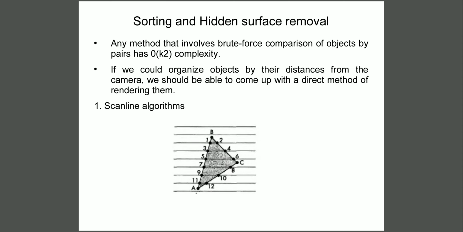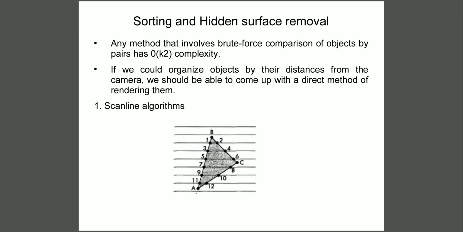In this example, as per the rule, we need to update all the pixels between intersection number 1 and intersection number 2. But we are not supposed to update the pixels between intersection number 2 and 3, because the rule says we need to update all the pixels between an odd numbered intersection and an even numbered intersection, but not between an even numbered intersection and an odd numbered intersection.